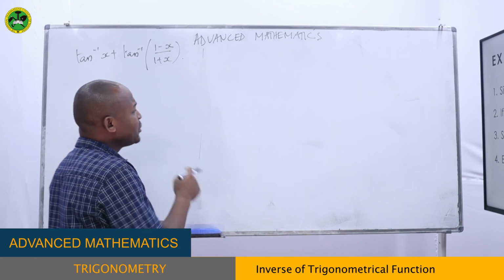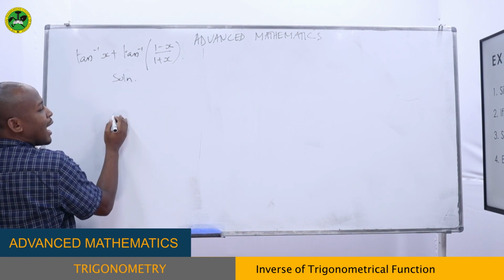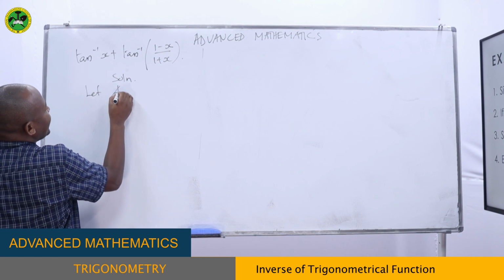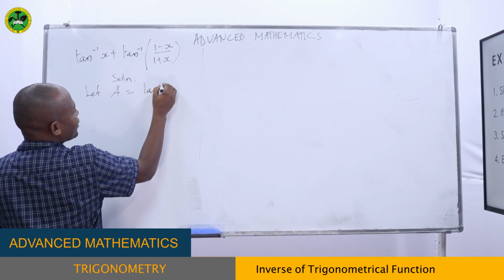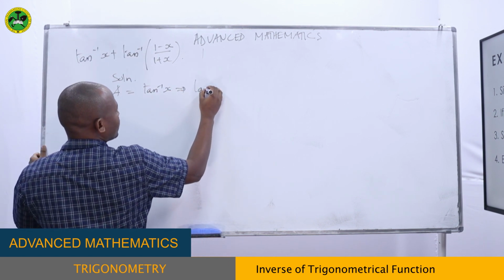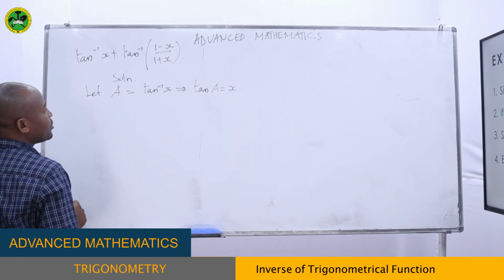Now let's see how we can do this. For the solution, I will use the following method. Let A equal tan inverse of x. It implies that tan of A is equal to x. I do hope you agree with me.